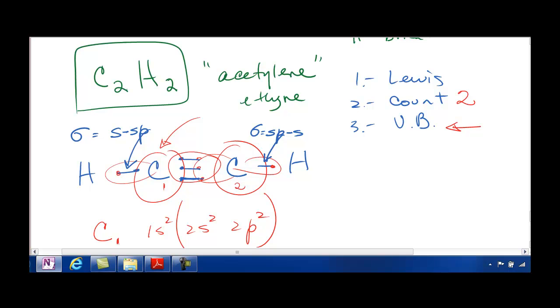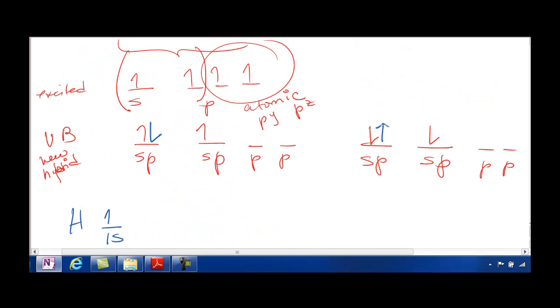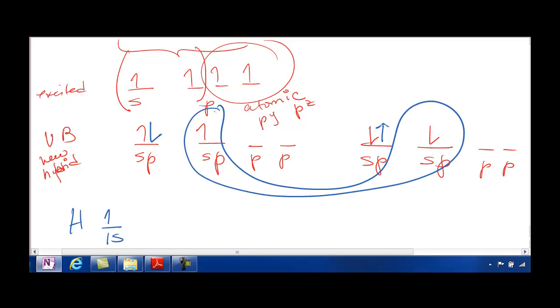And this one of the 3 is an sp of this carbon overlapping with another sp of that carbon. So carbon 1 and carbon 2, these 2 guys form another sigma bond. And on top of that, what do I have? 2 pi bonds.